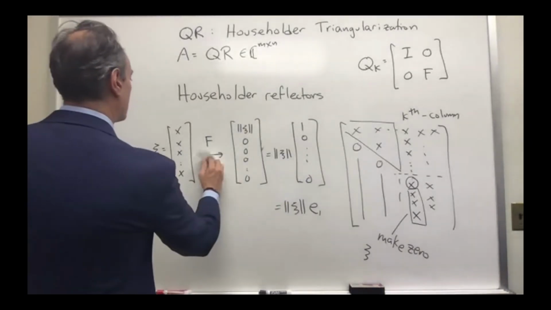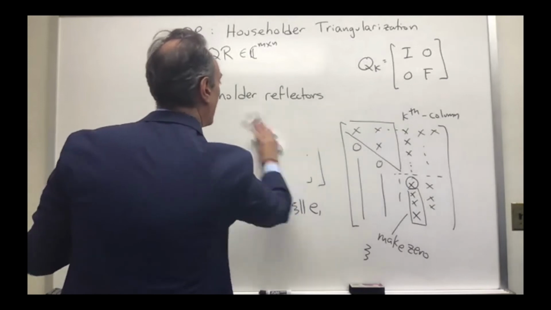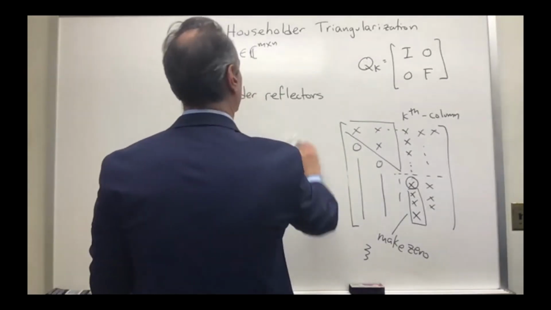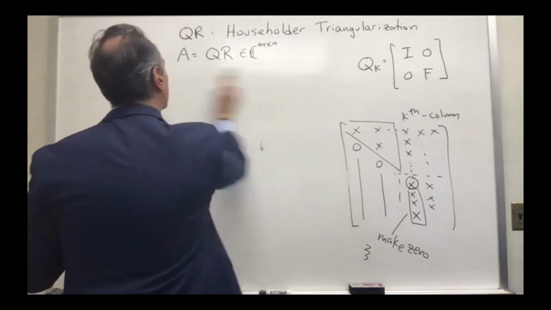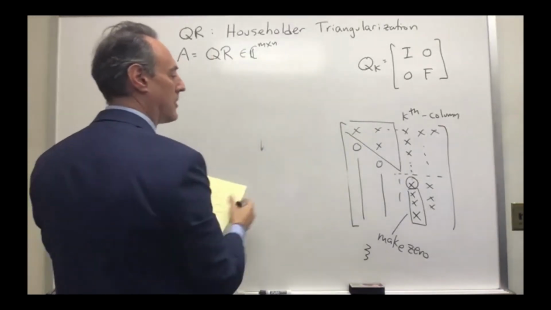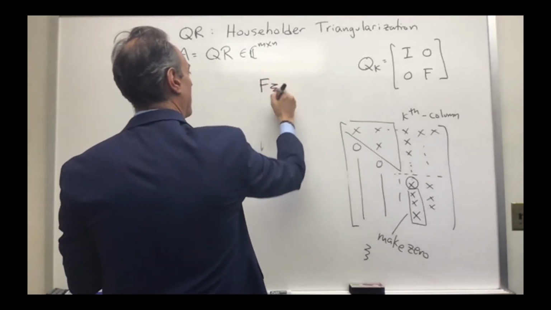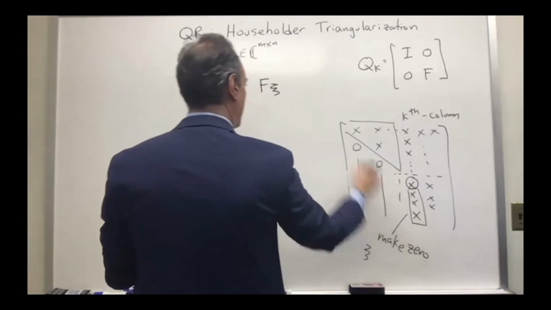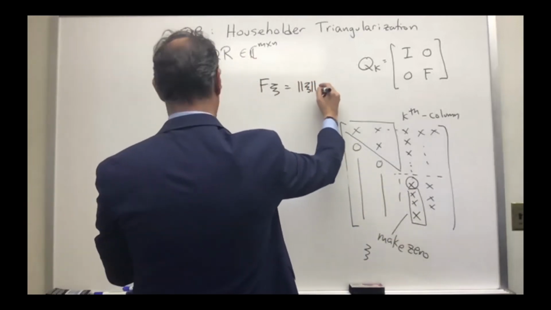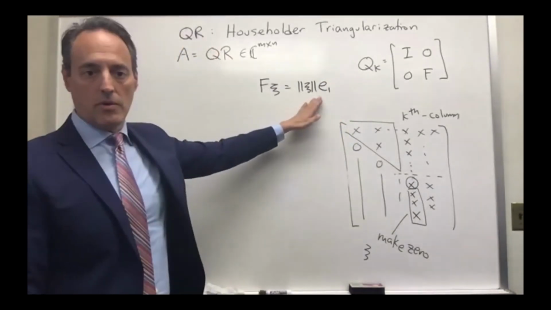So let's erase some stuff here, make a summary of what I want, and how to do it. I'm going to leave this here, and I'll write down the summary of this. So I want F acting on the vector C, which is this vector here, to produce for me norm of C times E1. In other words, this is a unit directional vector.